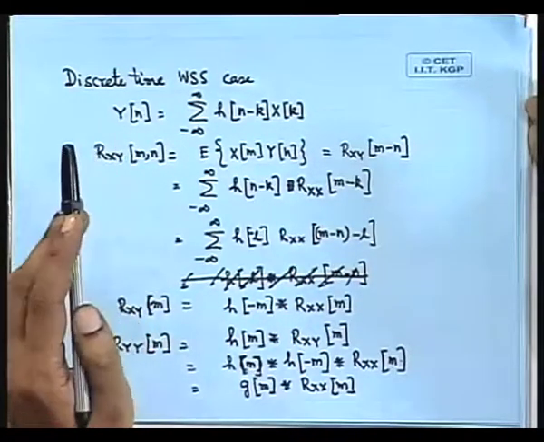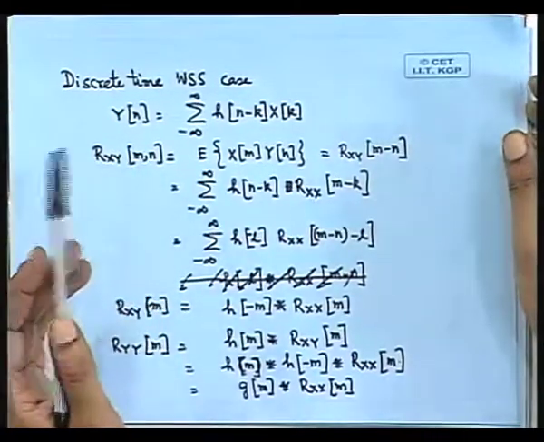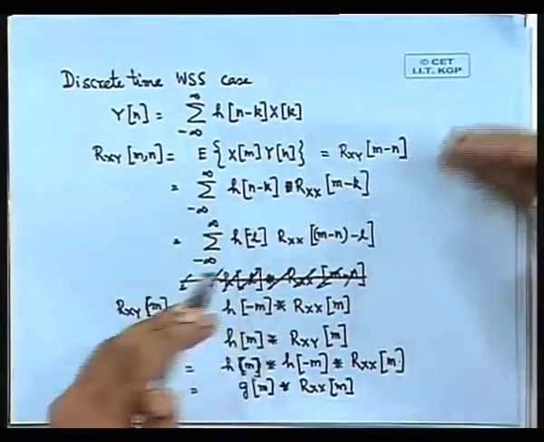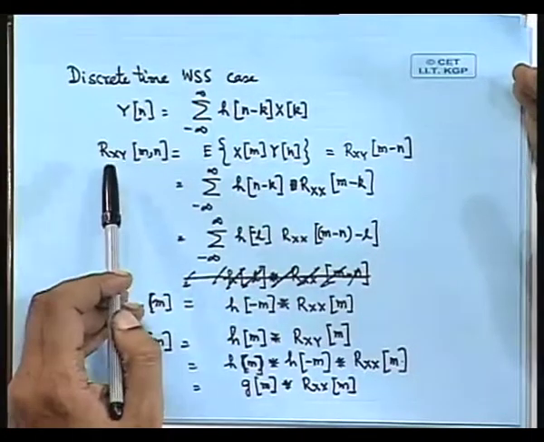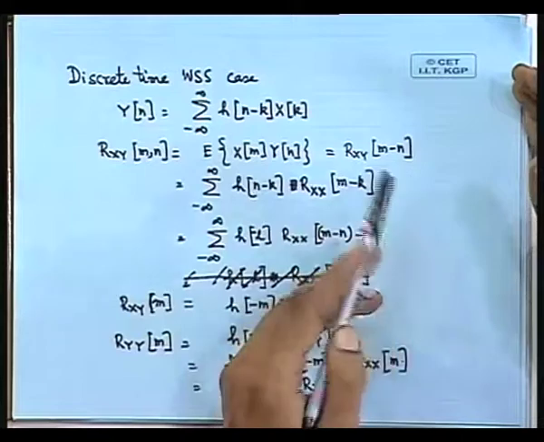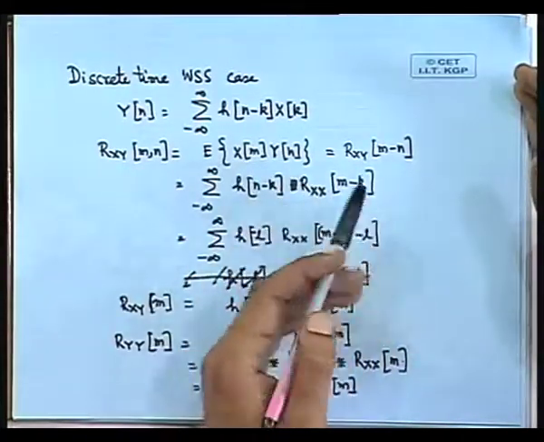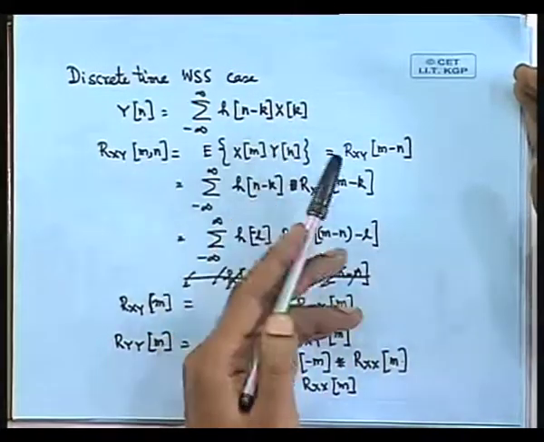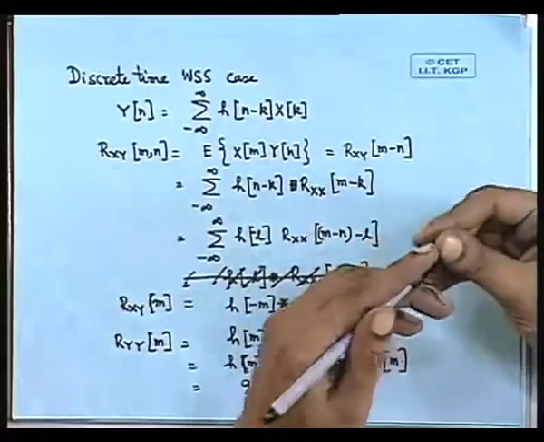Obviously, this is a very well developed subject mathematically. So it is very legitimate to ask how do you know that if x is wide-sense stationary, x and y are going to be jointly wide-sense stationary? That has not yet been proved, but the fact is that it can be proved.